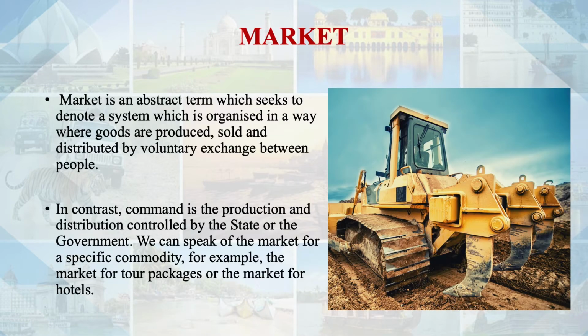Now, a market, as I was giving the example, could be a market of tour packages, a market for hotels. Now, who actually uses these markets? Who is the person who goes to this market and uses it? So the first thing we look at is, market for whom? For consumers, right? So who is the consumer?